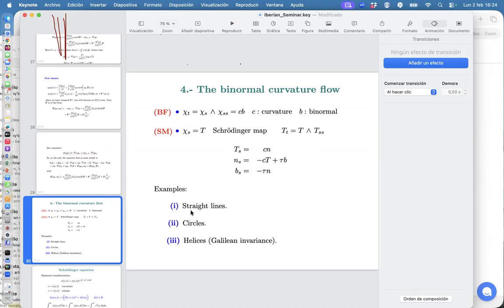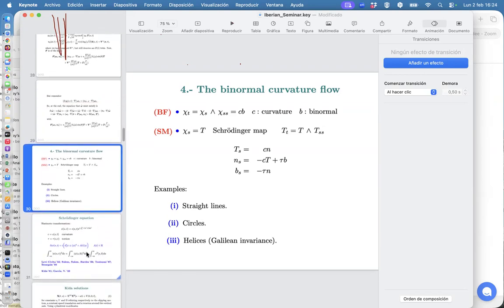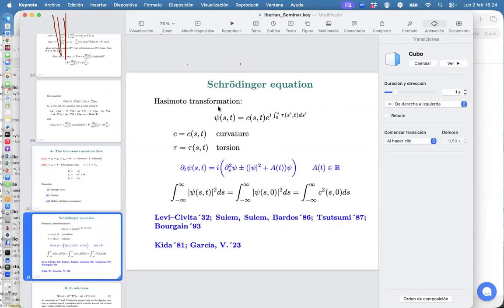There are particular examples, which are straight lines, circles. But the interesting thing is that thanks to Hashimoto, who figured out that by doing this transformation he was able to compute the equation for the Xi, and it turns out that it is nothing but the cubic nonlinear Schrödinger equation, which of course preserves the L2 norm and many other norms.